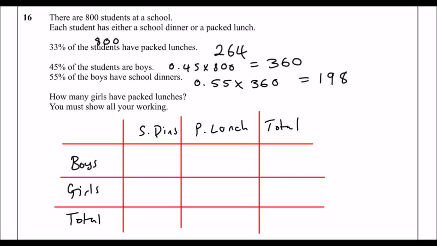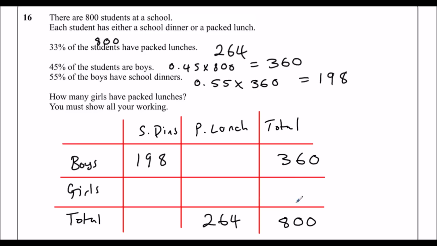So in total, we have 800 students, 264 have packed lunches, 360 are boys, and 198 boys have school dinners. And then we could just complete this table, and that will tell us how many girls have packed lunches.